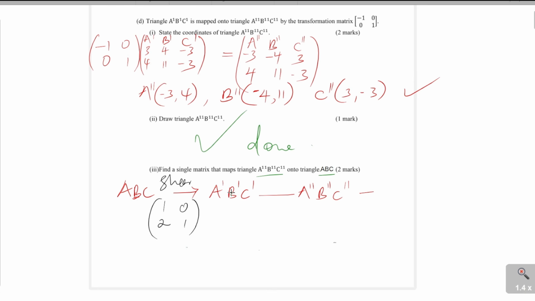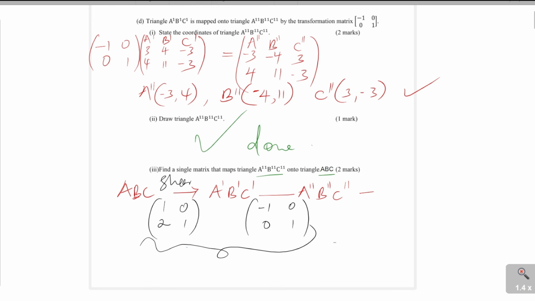From A prime, B prime, C prime, this is the transformation matrix, negative 1 0 0 1. So now using these two, this is successive transformation. We should get a single matrix that transforms ABC to A double prime, B double prime, C double prime.